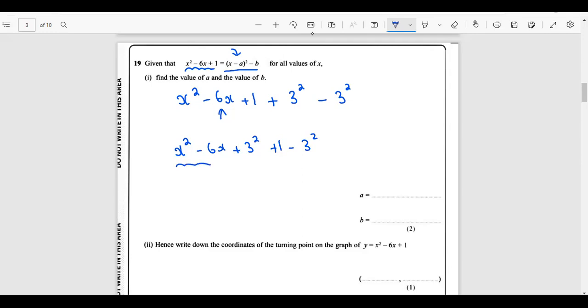Now, what is this exactly? You can think about it this way. It is x squared minus 2ab plus b squared, with x here and a here.